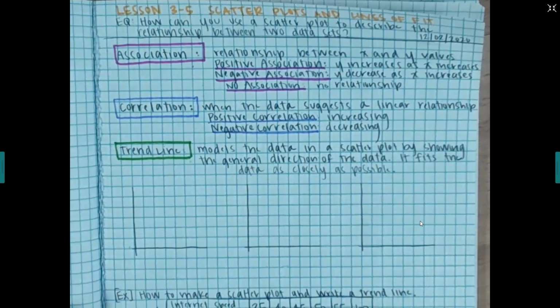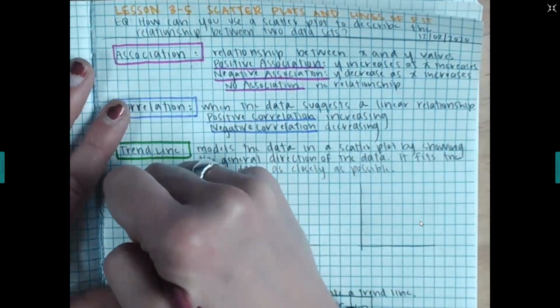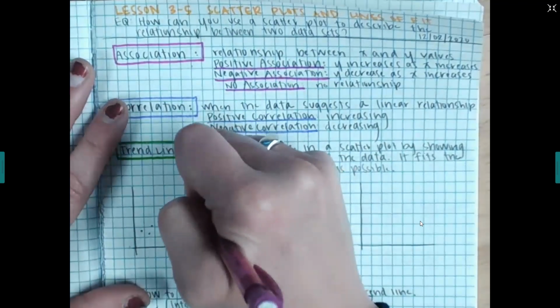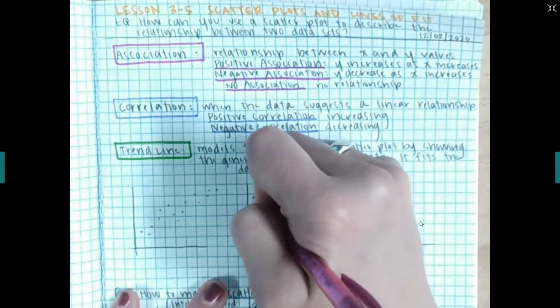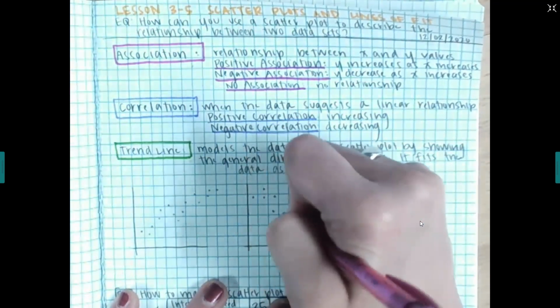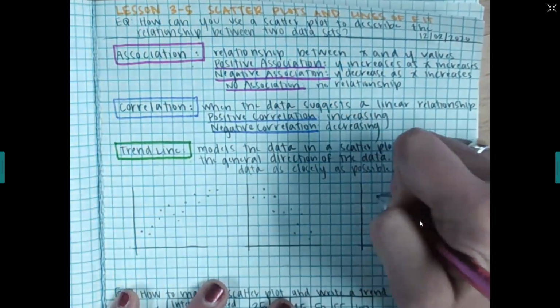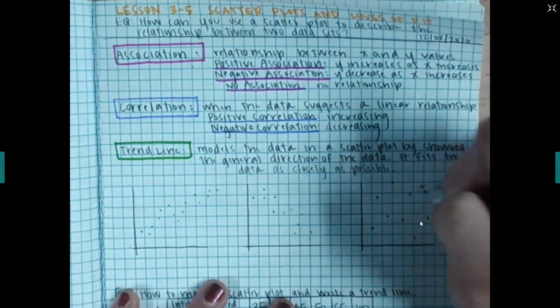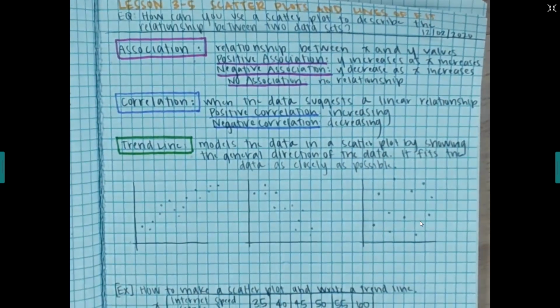So I'm going to draw some scatter plots down here. And we're going to talk about whether they are associated, correlated, and if we can draw a trend line.